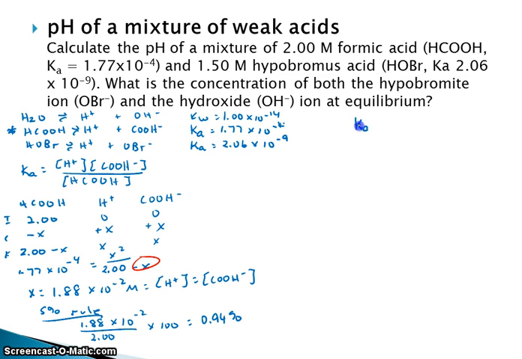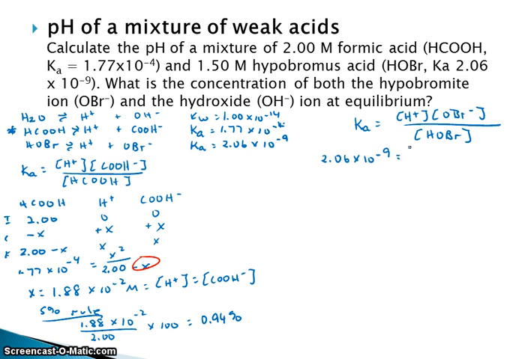So our Ka for the hypobromous acid is the concentration of hydrogen ions times the concentration of that hypobromite ion over the concentration of our hypobromous acid. So for Ka, we're going to plug in 2.06 times 10 to the minus 9. And then let's think about the hydrogen ion concentration. When we look back at the Ka values for formic acid and hypobromous acid, it's 10 to the minus 4 and 10 to the minus 9.